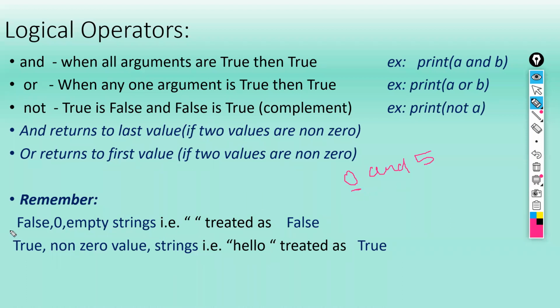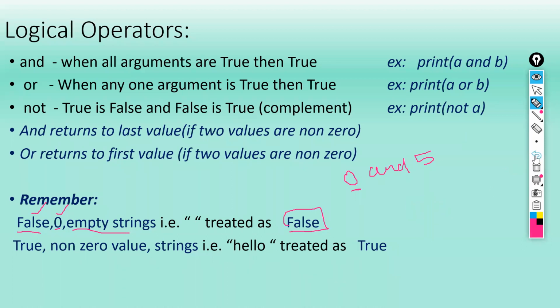Every zero value, false value, and empty string is treated as false. False in numerical values means 0, and in strings, for example, this is an empty string, where I'm not writing anything in it. These are treated as false by Python.